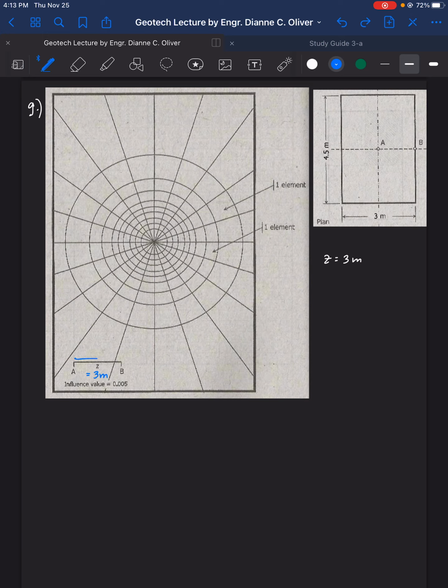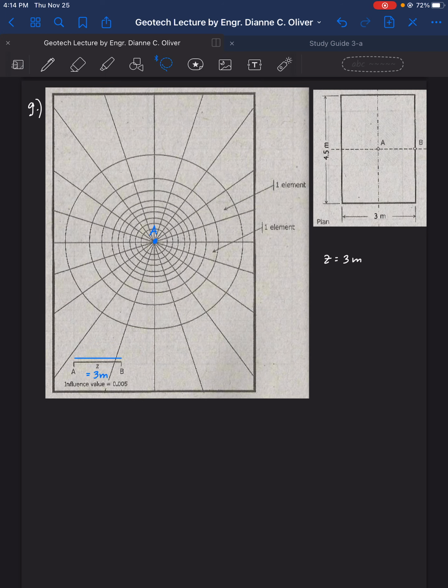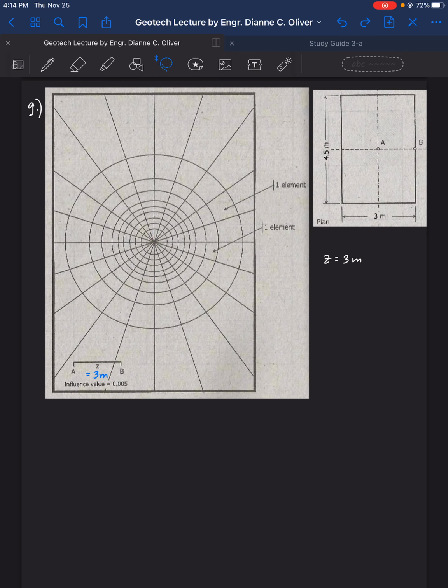So if I put here a line, this line here is 3 meters. What's the base again? Here it's 3 meters. So what I will do here is I will put A in the middle. Put A here in the middle. And then I will get here the line. Okay, right.